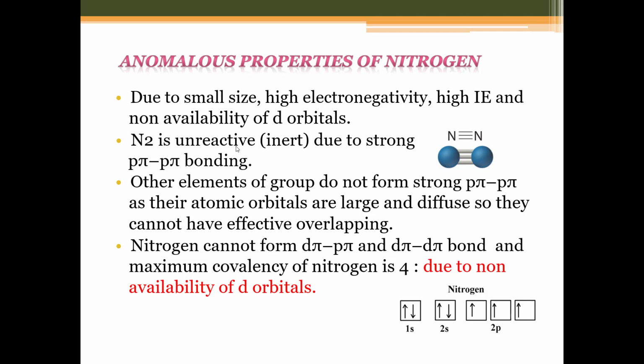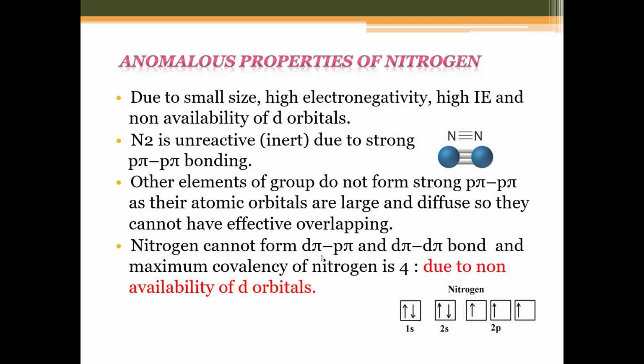The nitrogen molecule is unreactive, that is inert, due to strong p-pi bonding. And this is the reason why nitrogen exists as a diatomic molecule, and there is a triple bond between the two nitrogen atoms. Other elements of the group do not form strong p-pi bonds as the atomic orbitals are large and diffuse, so they cannot have effective overlapping.